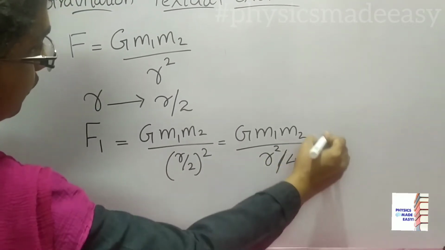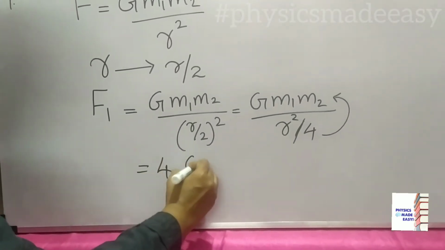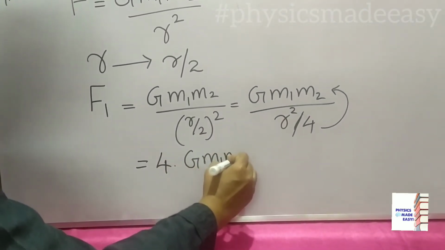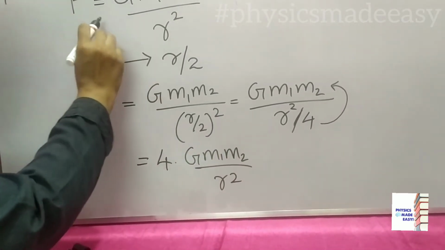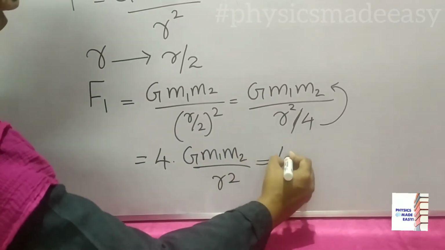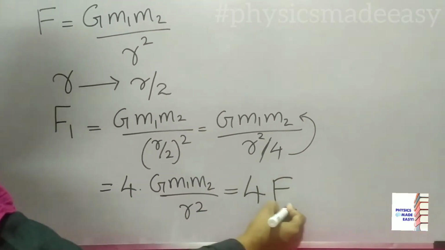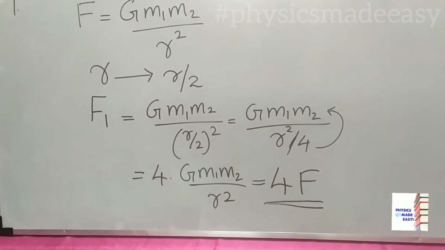Here this 4 will go to numerator. Then you can write this as 4 into G m1 m2 divided by r square. Here you can see G m1 m2 divided by r square, that is F, so 4 into F. That means here the force becomes 4 times.